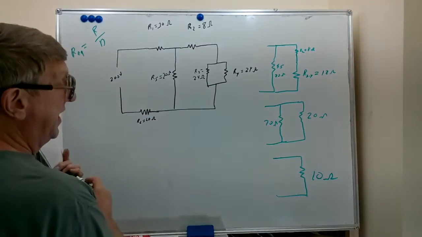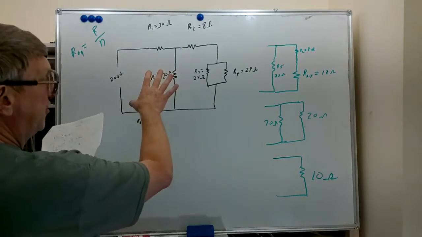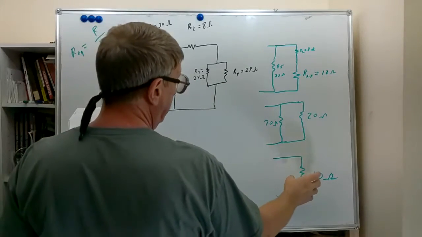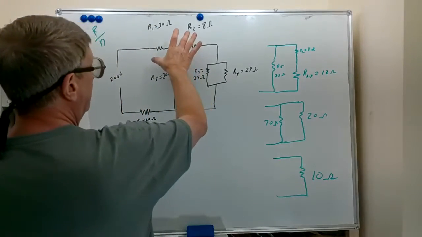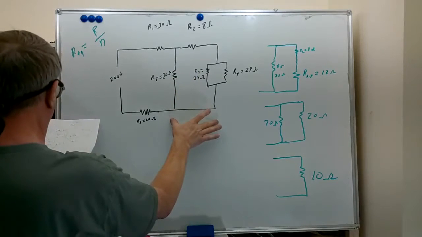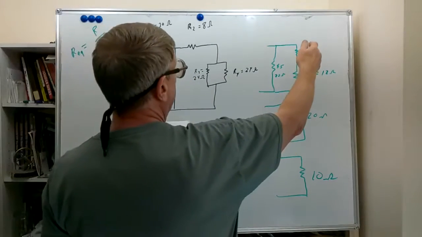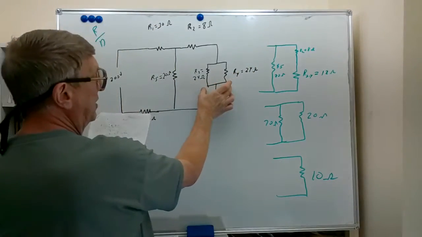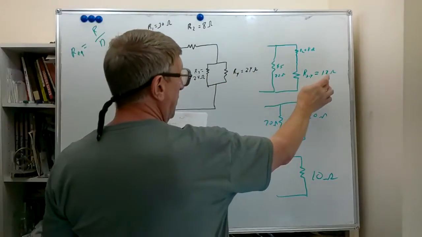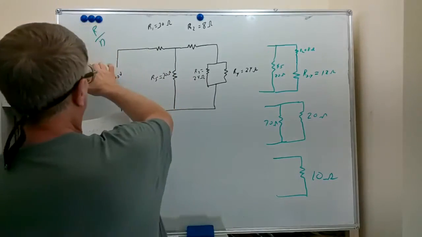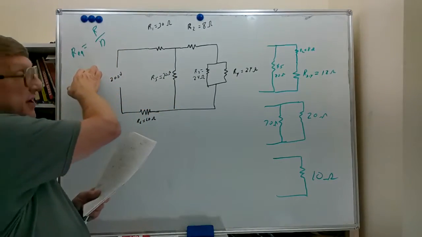So what I'm going to do now is redraw this circuit, replacing this entire piece with a single 10 ohm resistor. We first found a parallel combination for this, which we said was 12 ohms. And we used this formula here, R divided by N, to find the value of it.